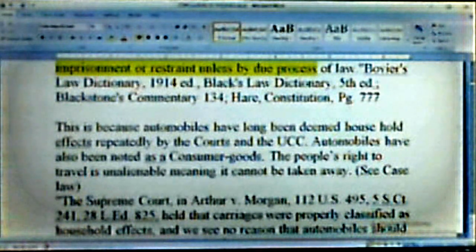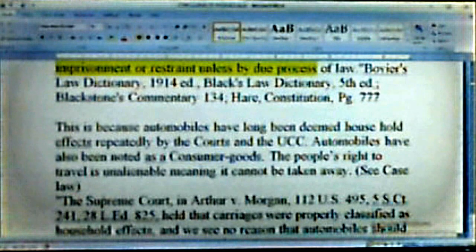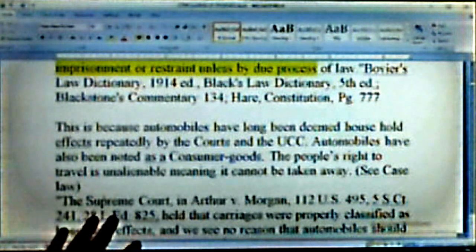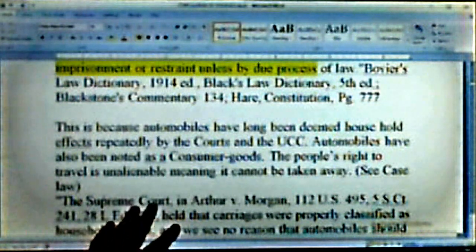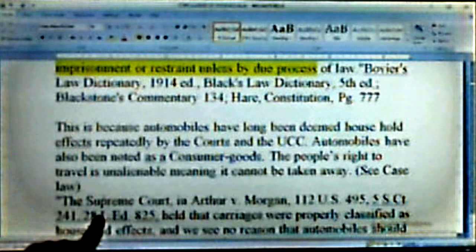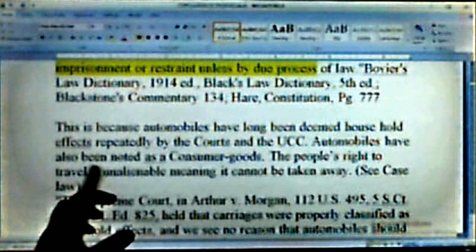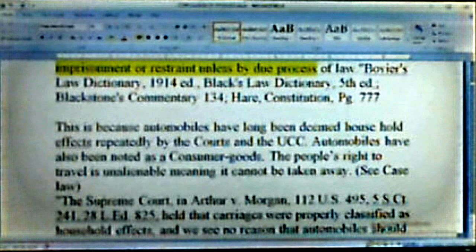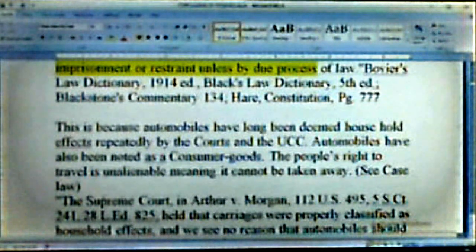And I want to make a real quick point here. If the intent of the law is the force of the law, ask yourself, why do we have case law? Because the intent of the law should be all we need, because it tells how it's supposed to be applied and who it's supposed to be applied to.